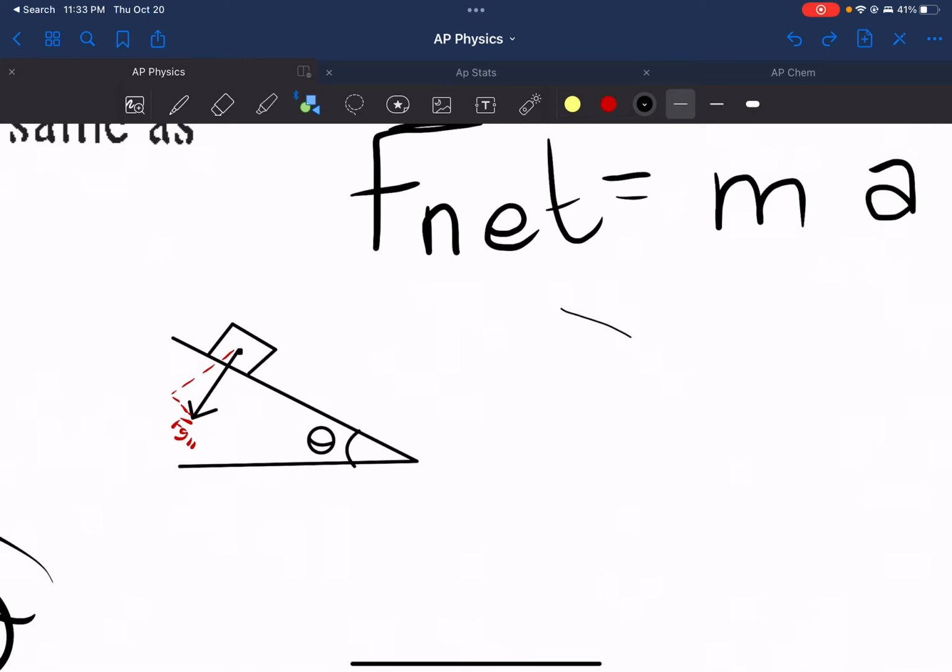So make the angle a little bigger. Okay. Now theta is increased. So same box. Okay, so here's our force of gravity, right? Through the middle.